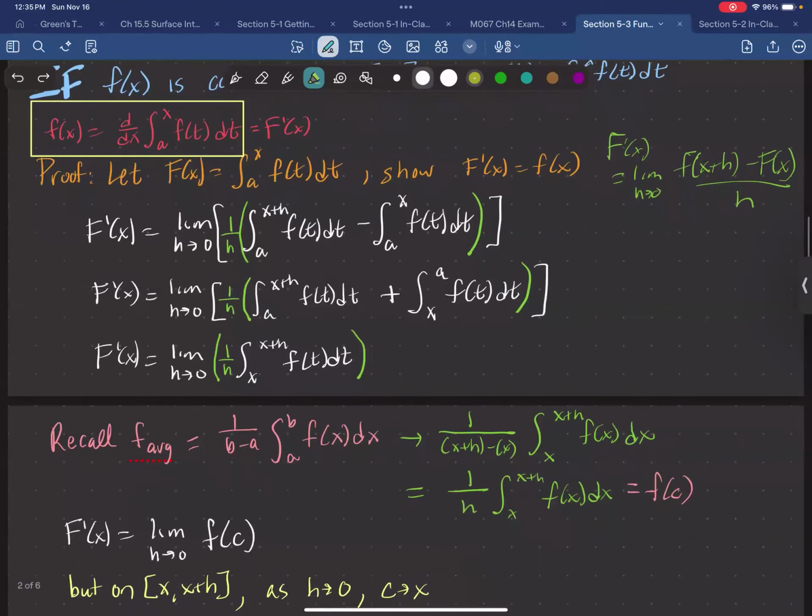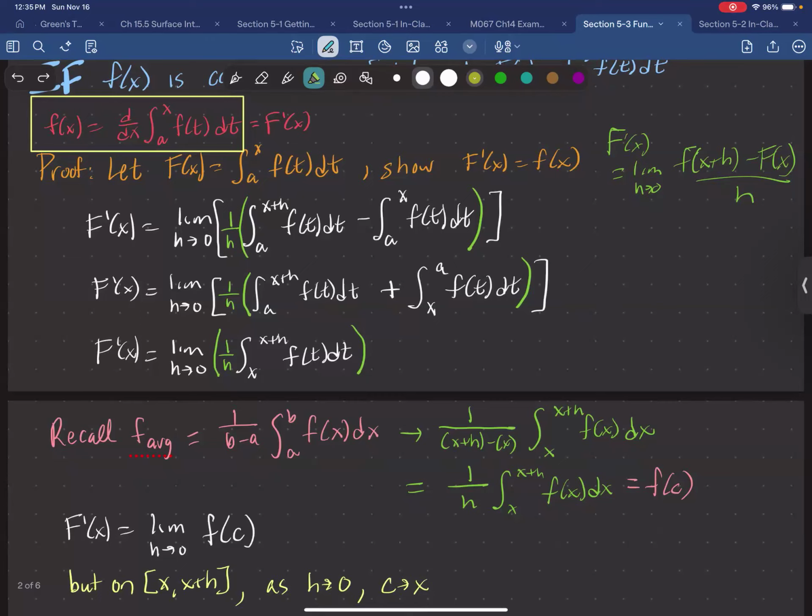So we've got the limit as h goes to 0 of f of c, where c is between x and x plus h. As h goes to 0, let's look at this timeline. I've got x here and x plus h here, with c in the middle. As h goes to 0, this end moves this way, which forces c to go that way too.